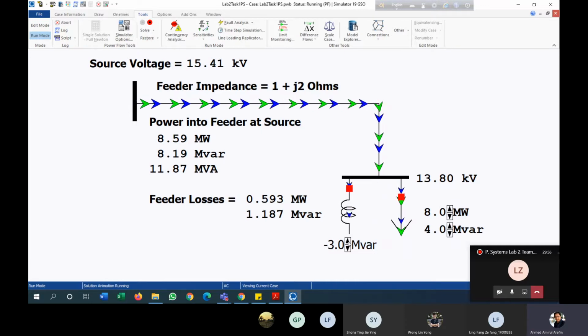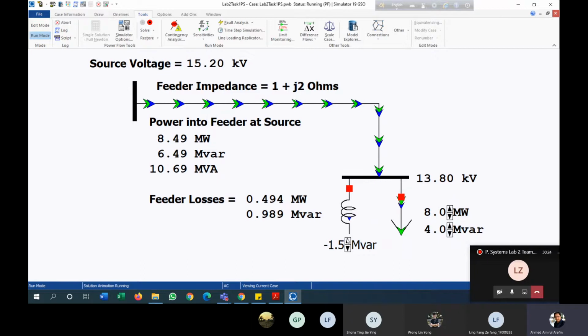What is that basically? The sending end voltage minus receiving end voltage divided by the sending end voltage, and after that, for getting the percentage, you need to multiply by 100. Okay, so this is the voltage regulation.